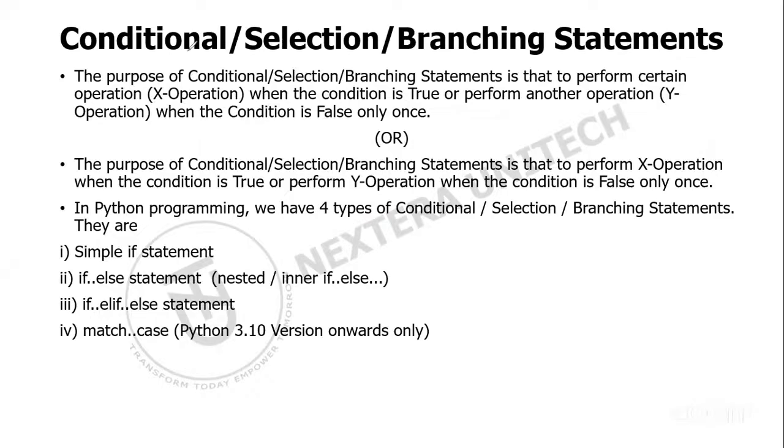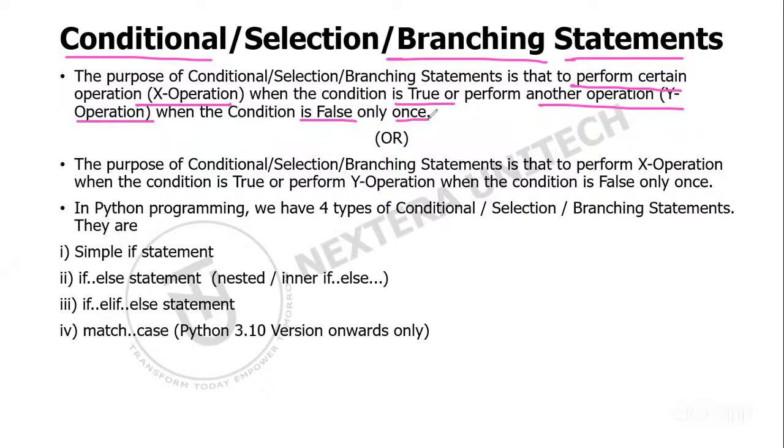Why should we use these conditional statements? These conditional statements help us to perform an operation. We can perform an X operation when the condition is true, or we can perform another operation like Y operation when the condition is false. But for how many times? Only once, guys.